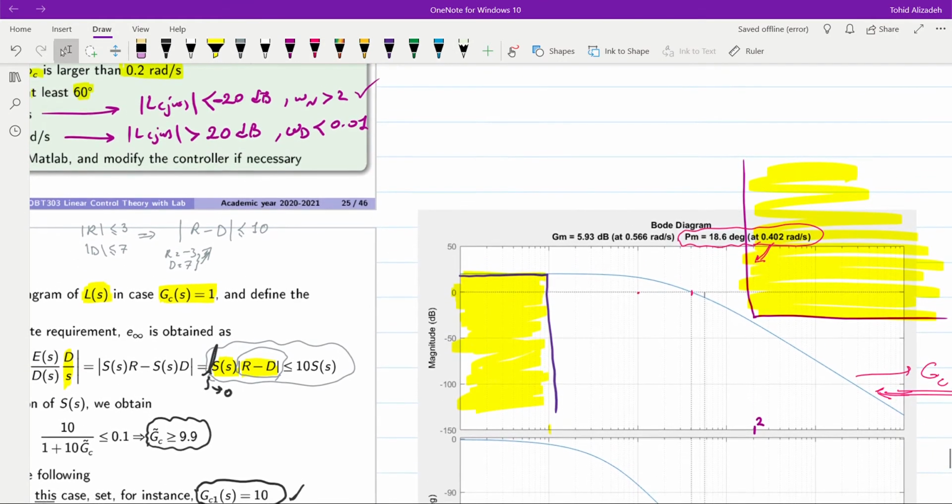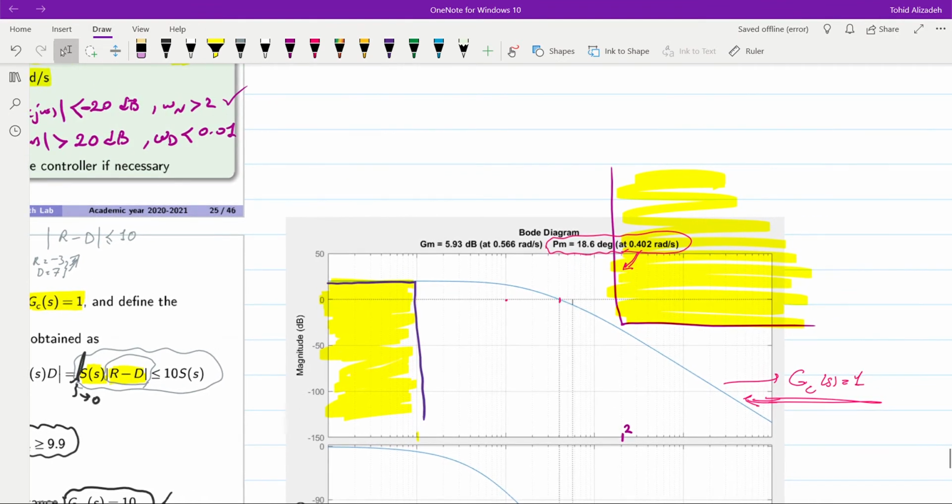In that case, as for the amplitude graph of the PI controller, we have it in this form. So we will have 0 dB after 0.1, and before that we will have the slope of minus 20 decibel per decade. So this will be our PI controller.